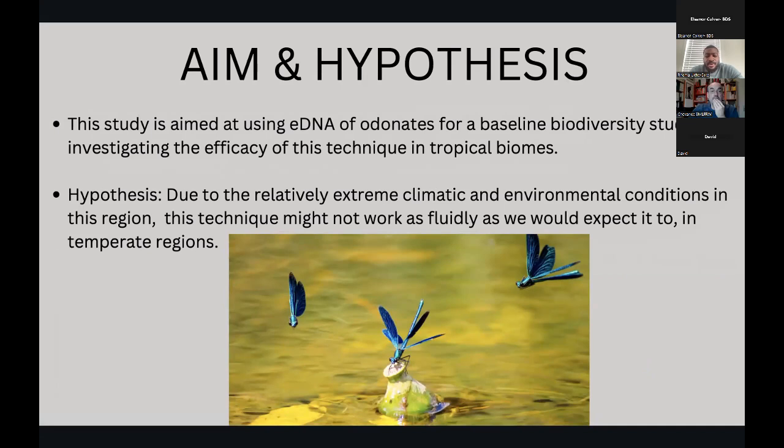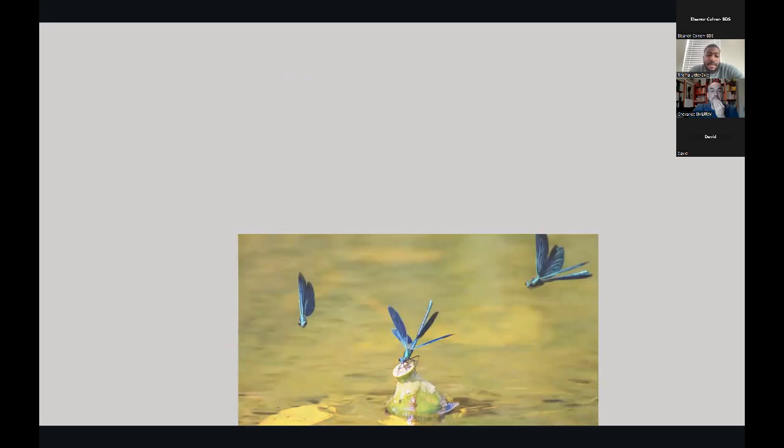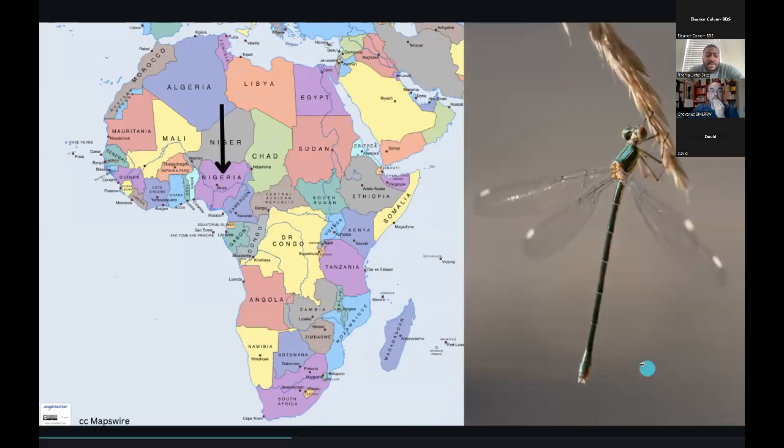We hypothesized that, due to the environmental variations between these two regions, this technique might not be as efficient in these other areas, and we have some shortcomings, and we'll have to make some tweaks here and there to get it to work optimally.